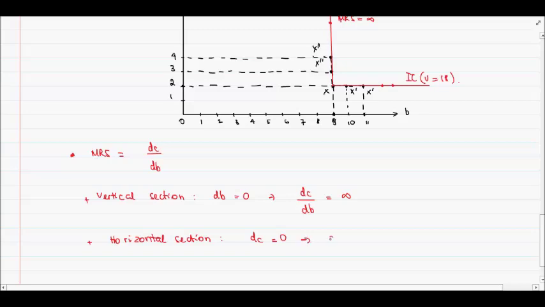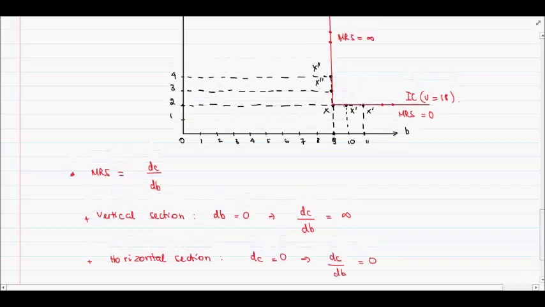Therefore, dC over dB is going to be equal to 0. So the slope along the horizontal section of the indifference curve is 0, or the marginal rate of substitution is 0 for the horizontal section.